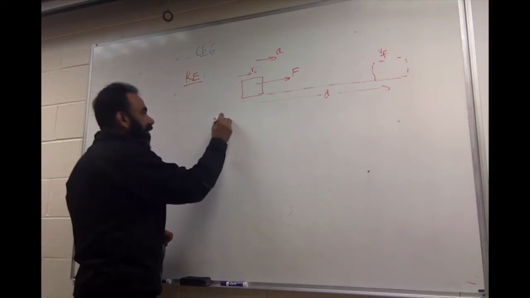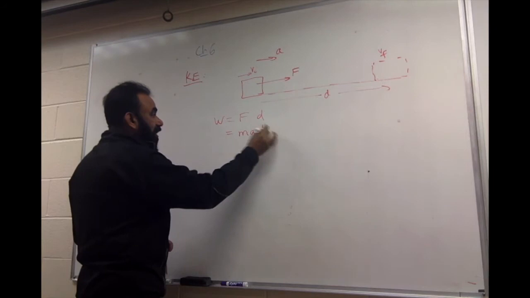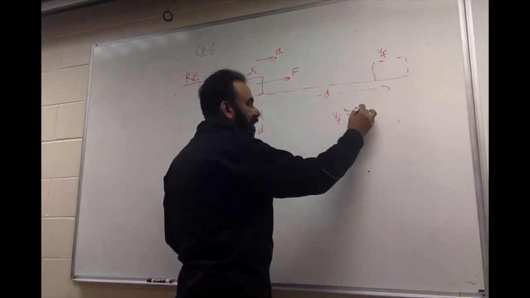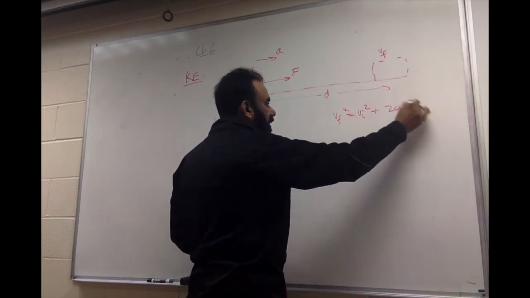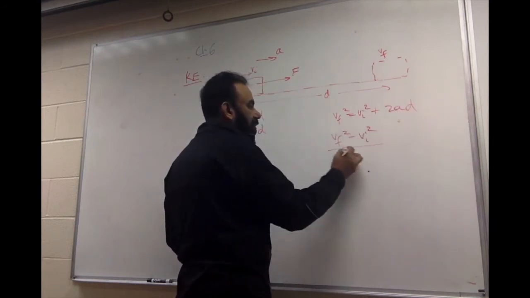So the same story again: W is equal to force times displacement, which is equal to mass times A times D. Coming back to Vf square equals Vi square plus 2AD, A is Vf square minus Vi square divided by 2D.